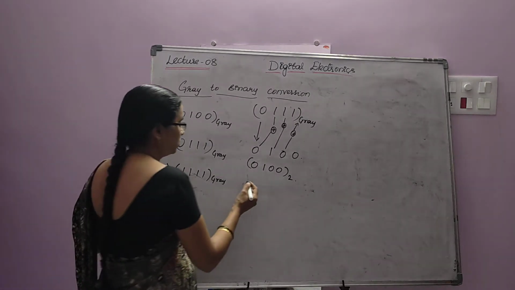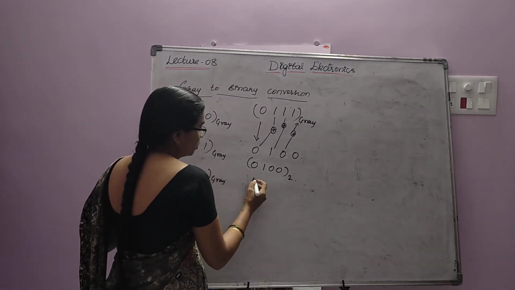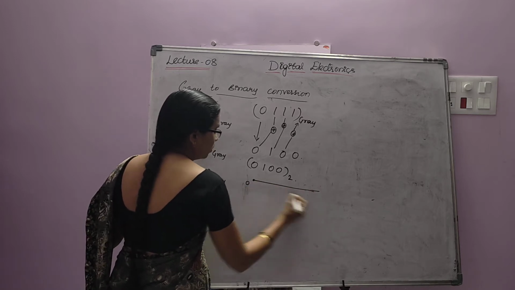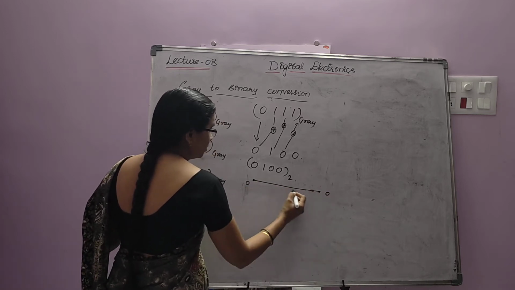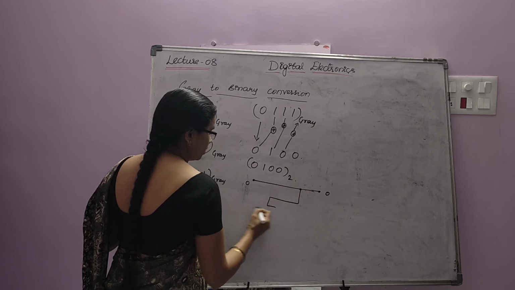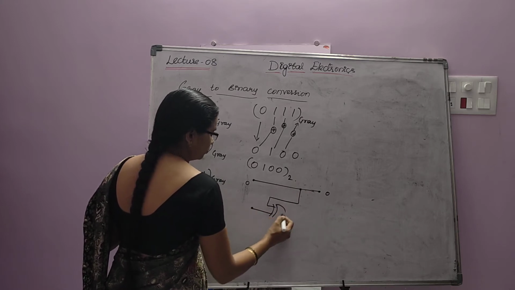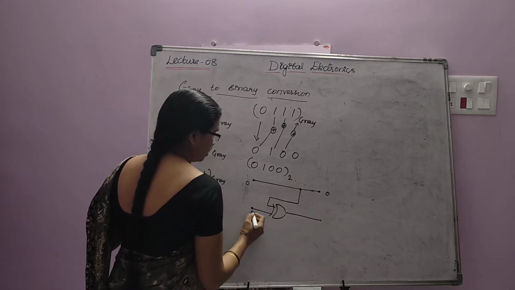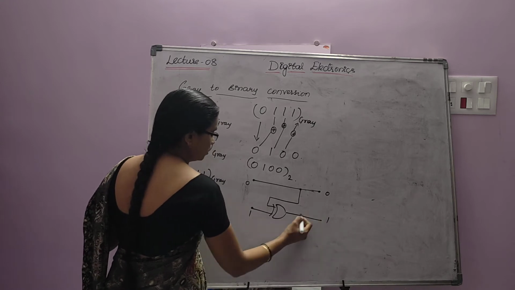Okay, so here XOR gate implementation for 0, same thing, MSB, and the answer is XOR with 1 0 1.